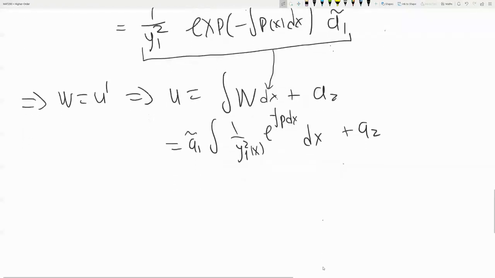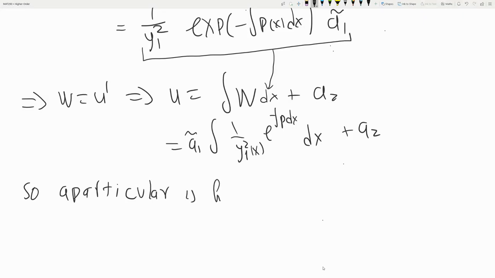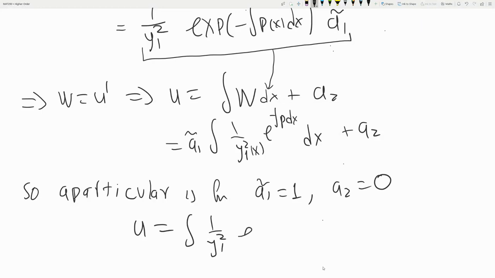So a particular u is for a1 tilde equal to 1 and a2 equal to 0, meaning u is the integral of 1 over y1 squared e to the minus integral of p dx.